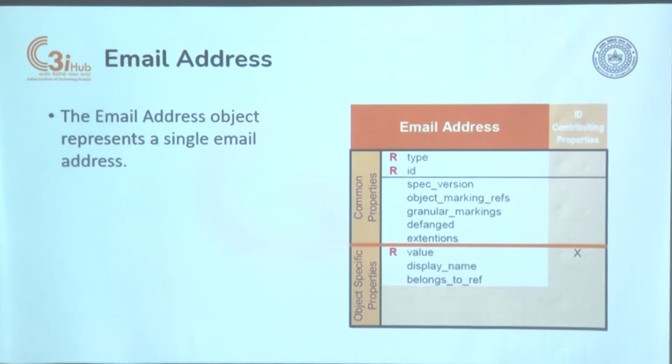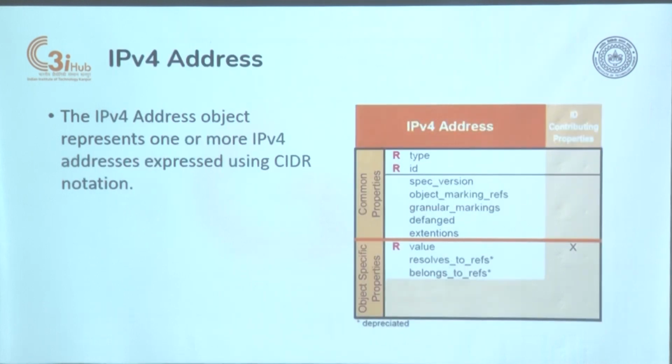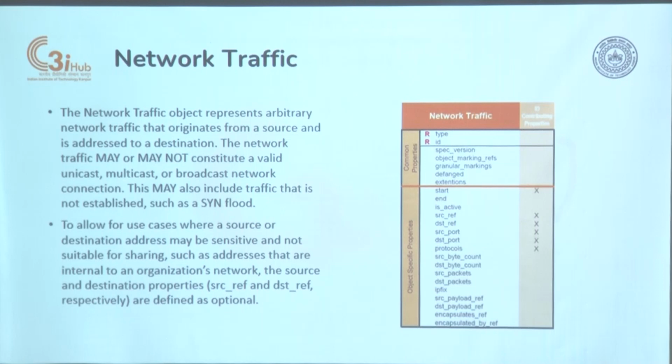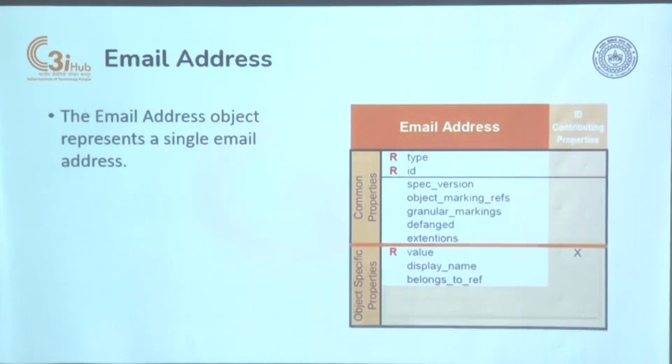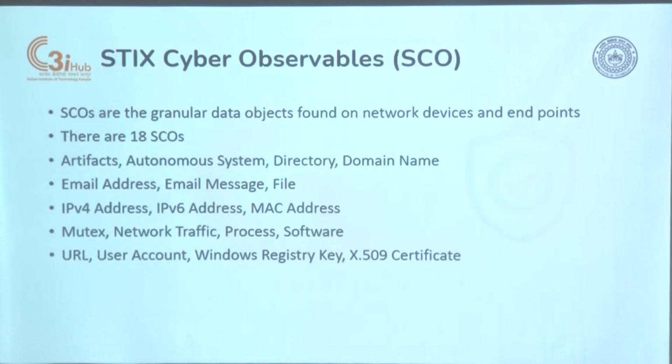So that way you have more information, right. You can think of this as, I do not know if you have taken a relational database course. In a relational database, I might have a relation for every type of SCO, I may have a table, right. So I have a directory, I have an artifact, whatever.